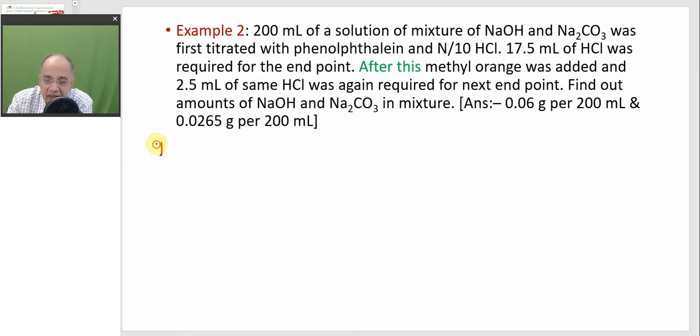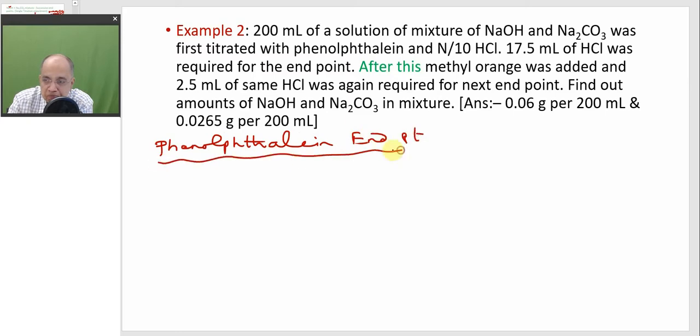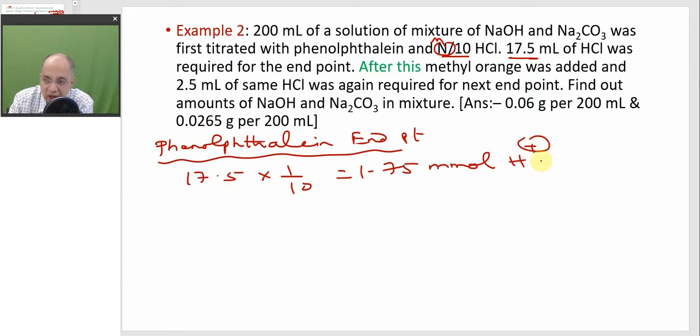Let us say this is the first phenolphthalein endpoint. Right? So 17.5 into 1 by 10. N by 10 means M by 10. So 17.5 into 1 by 10, that is 1.75 millimoles. This H plus ion is required in the first half.